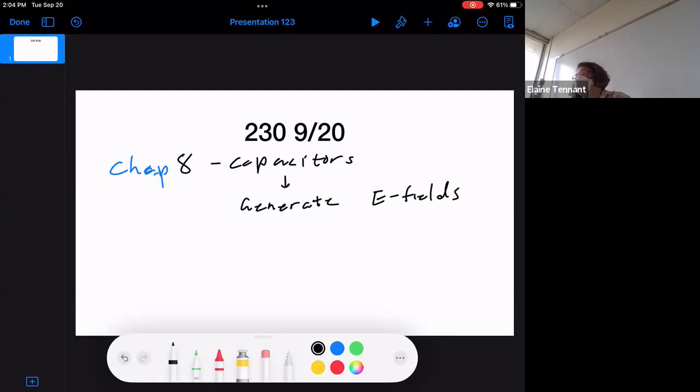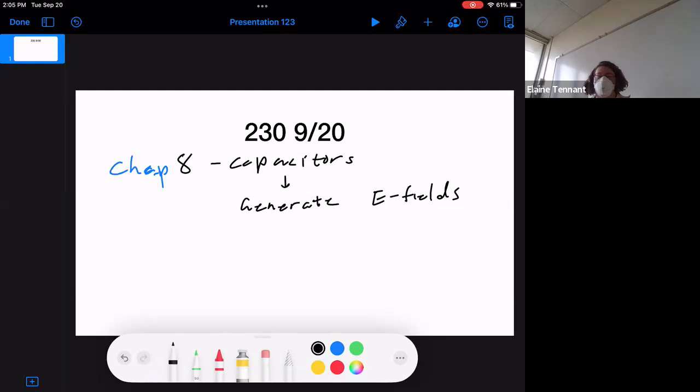You might have noticed this because throughout the last couple of weeks, we've been saying, hey, check out this nice straight electric field that's uniform magnitude over a distance. And we said, well, the way to make that is to make a parallel plate capacitor.